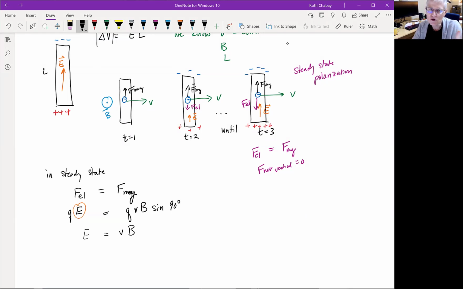Now, this is not some general equation. This is just something we've derived in this specific situation.